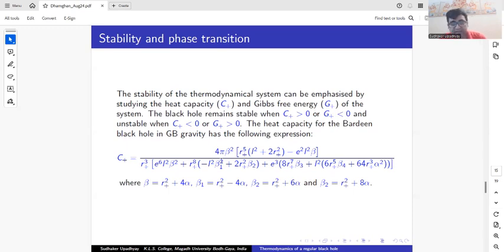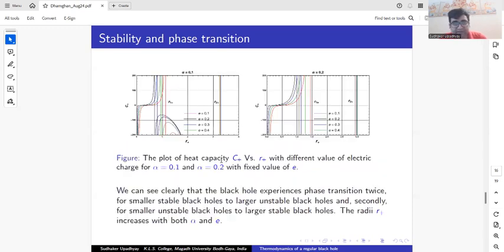If you plot this with the horizon radius, we get this kind of graph. Here you see that there is a singularity at this point and at this point. So this black hole has a phase transition twice, at this point and this point.